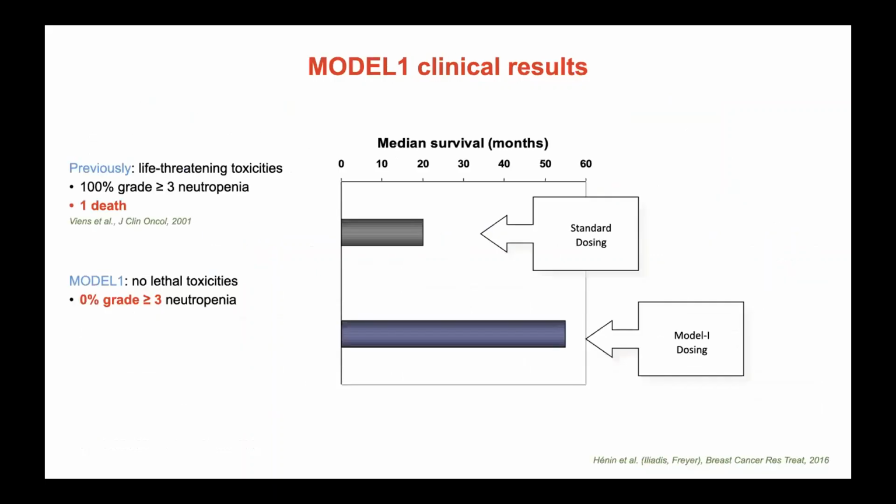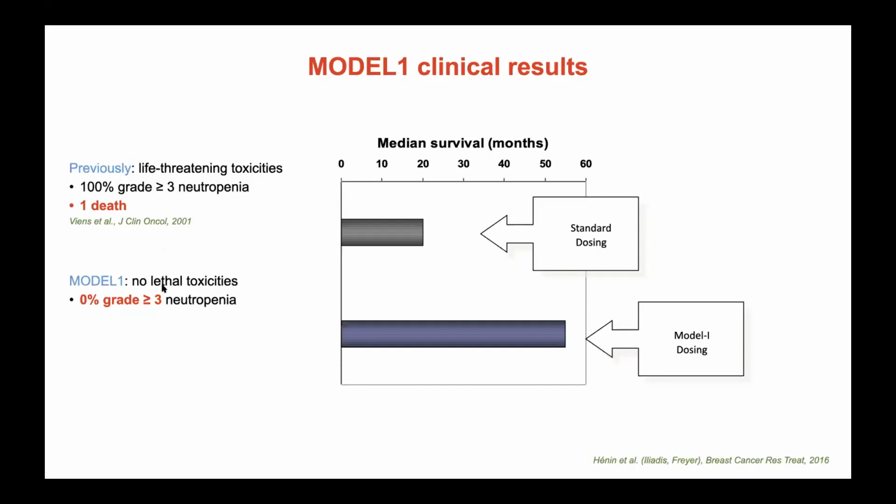But even more importantly, the results of this clinical trial were quite satisfactory, because the first objective was to prevent important toxicities, and as compared to previous standard reports, there was 100% of grade 3 at least neutropenia, and 1 death in this trial published in the JCO.